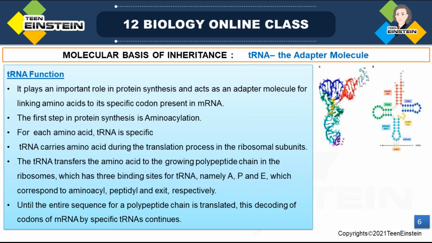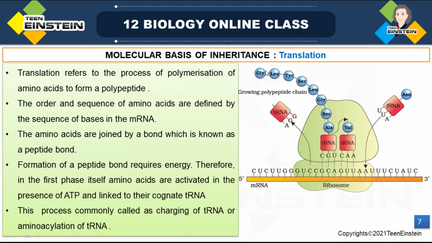The ribosome is the site for protein synthesis, correct? The process of protein synthesis mainly takes place in the ribosome. So the tRNA transfers the amino acid to the growing polypeptide chain. Here you can see this structure, and this is the growing polypeptide chain.